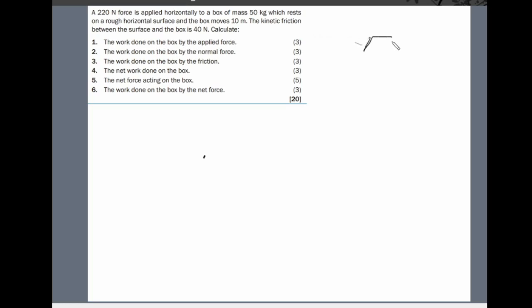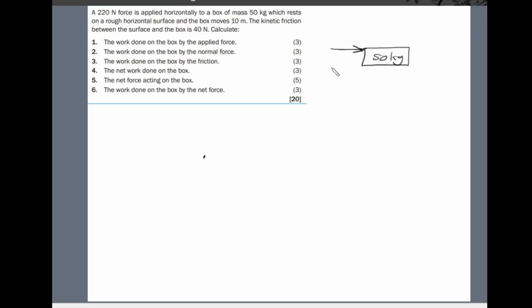So let's try to visualize the situation. Let's imagine this is our 50 kg box, and a force is applied to the box horizontally, right?